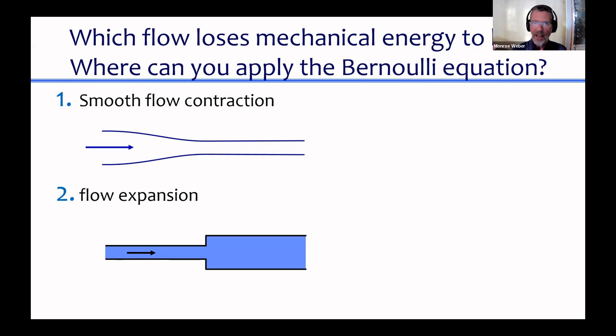And I've asked 2 questions: which flow loses mechanical energy to heat, or alternately, that's the same as asking, where can you apply the Bernoulli equation to track what's happening as you go through this change in geometry? So what do you think? Which of these two can you apply the Bernoulli equation and it's completely legit?